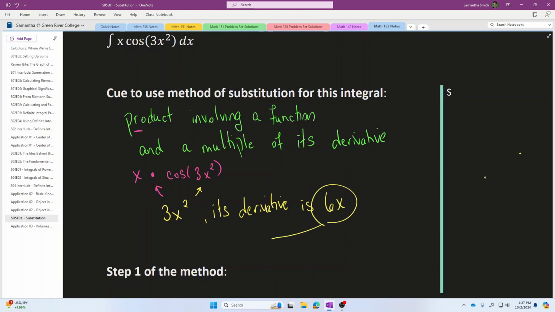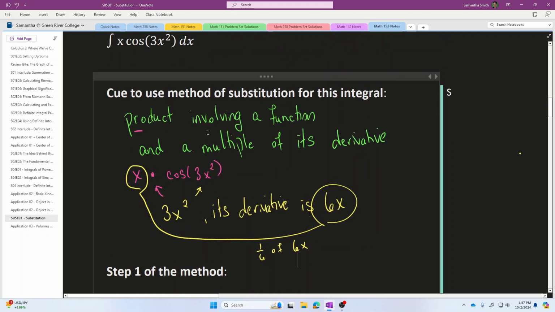And what I have in my product is a multiple of 6x. I have 1/6 of this 6x here. If these two properties are satisfied, that's what I'm thinking I need to use method of substitution.